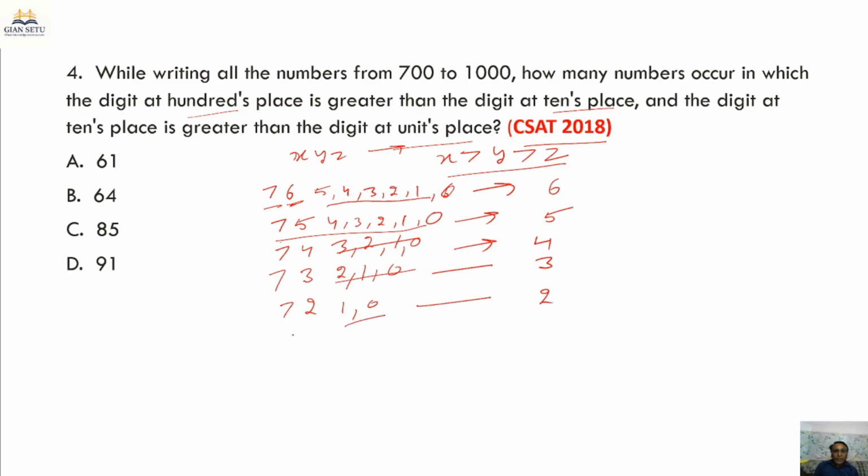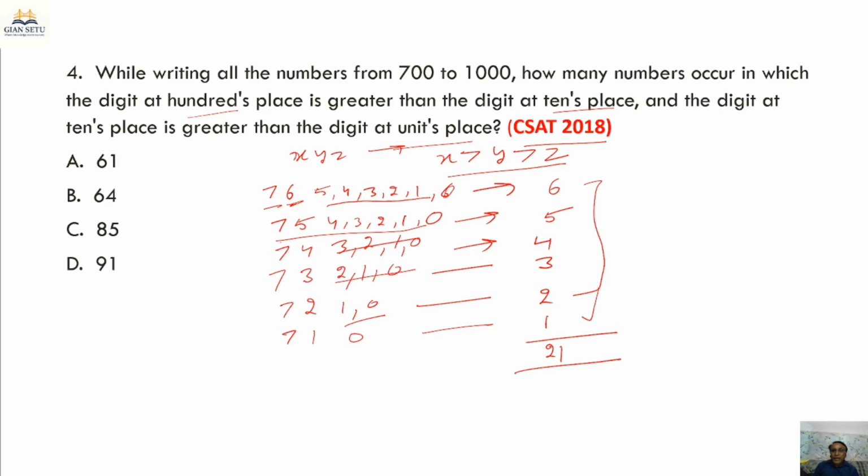And with 7 at hundreds place and 1 at tens place, the units digit can be 0, so 1. In total, there are 21 numbers.